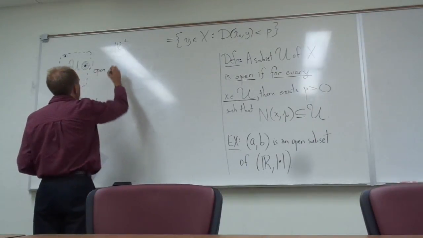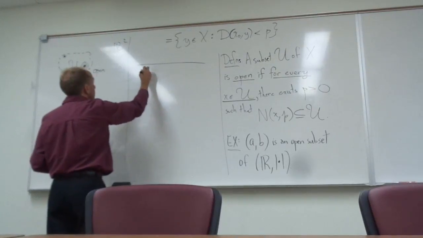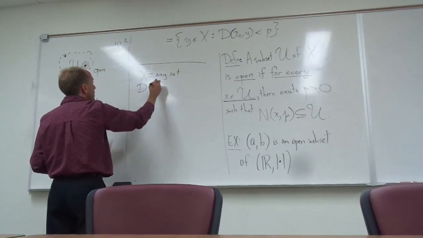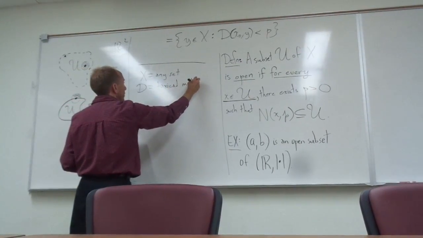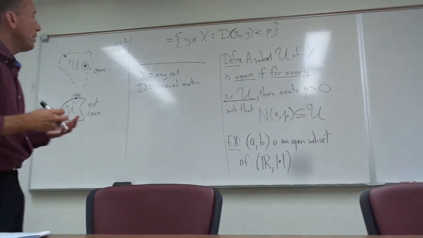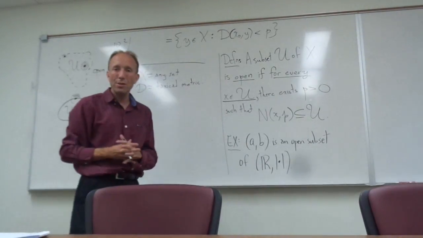So that's just kind of a visual example. What about if we go back to X being any set, and we use d to be the taxicab metric? The question might be, which subsets of capital X are open?